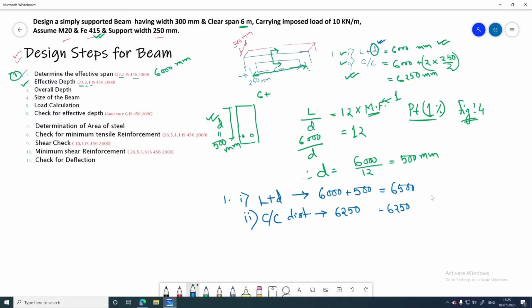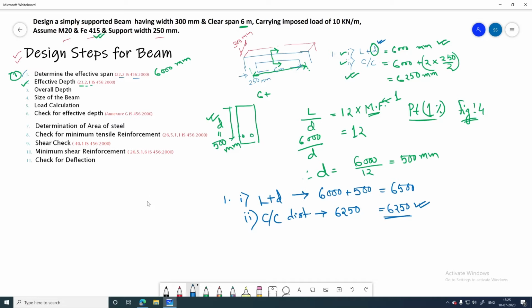So whichever is less, this one is less. So now I will consider this particular length as the effective span. This is the updated effective span that we need to consider in our design.